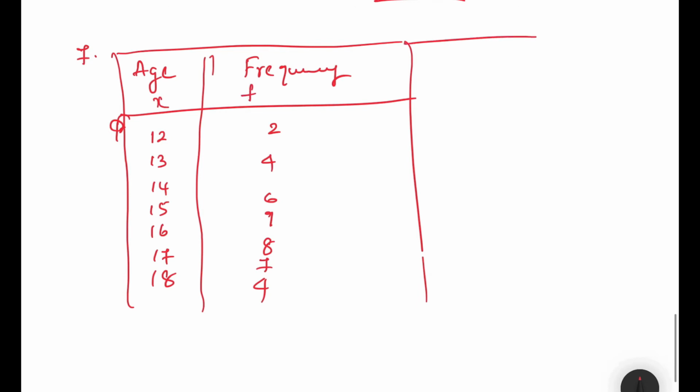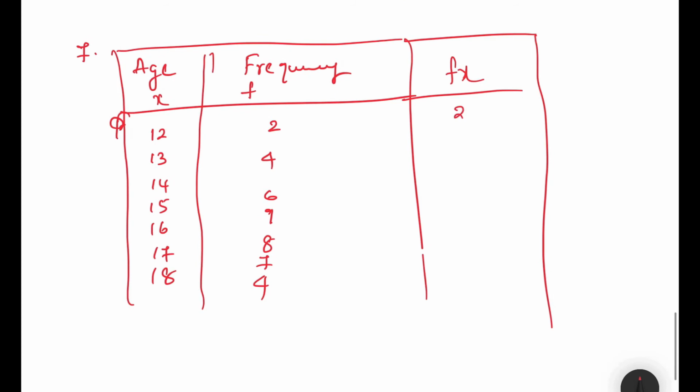Here, this is our x and this is our f. So sigma fx you need to find out now. In order to do that, first let us find out what is fx. So fx is equal to 12 into 2 is 24. Similarly 13 4s are 52. 14 into 6, how will you solve it? 14 6s are 84.